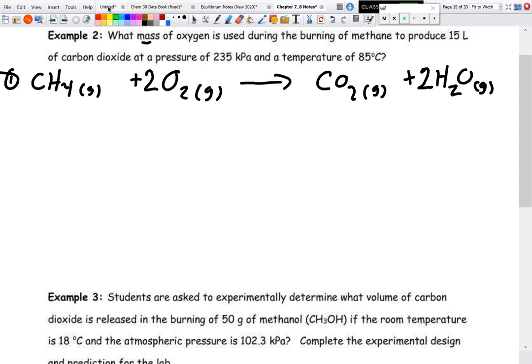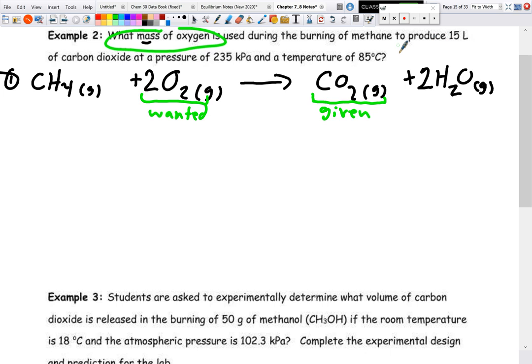Now, just like before, what mass of oxygen, so obviously this is our wanted, is used for the burning of methane to produce 15 liters of carbon dioxide at a pressure of 235 kPa. So this is our given this time around. Even before we jump right in, we do know with our ideal gas law, kilopascals is needed.